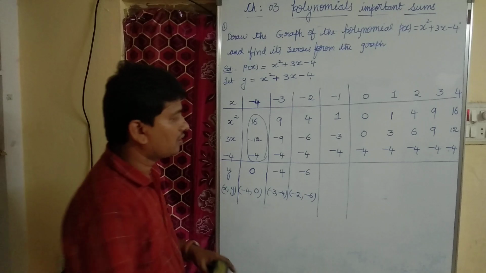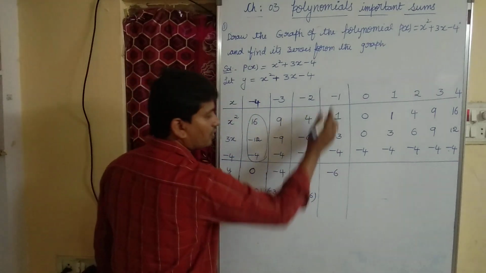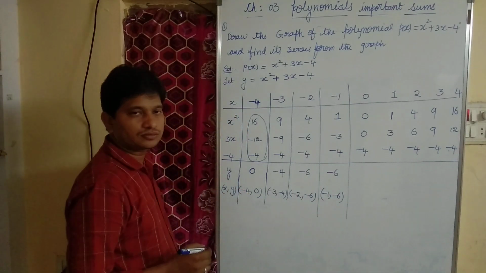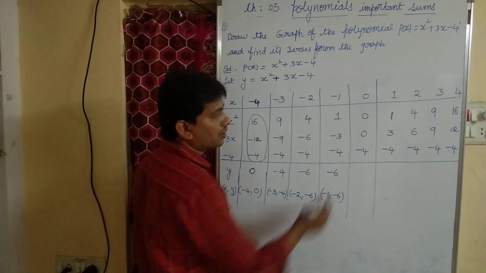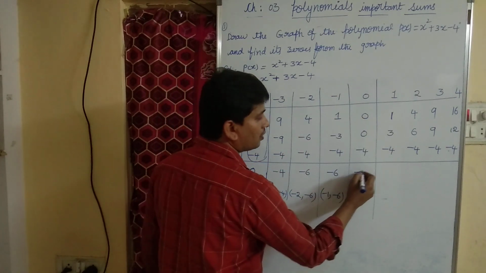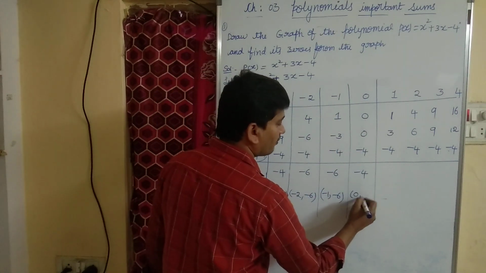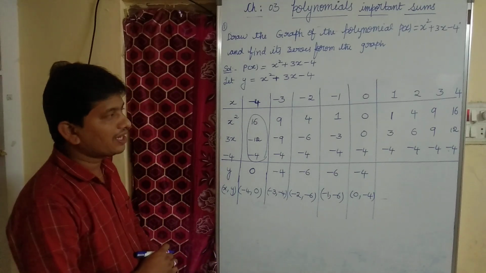Minus 7 plus 1 is equal to minus 6. When x value is minus 1, y value is minus 6. Now if you see here, 0 plus 0 is 0, minus 4 is minus 4. When x is 0, y value is minus 4.